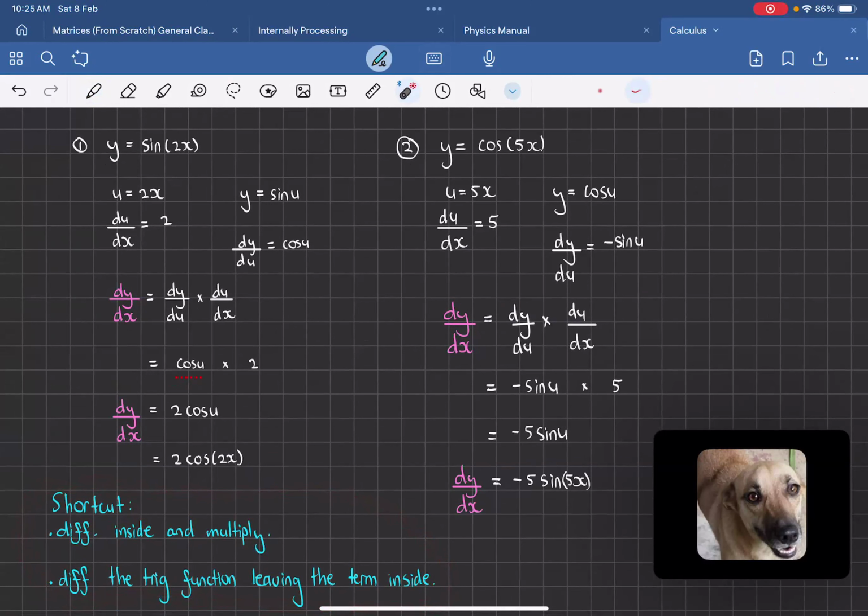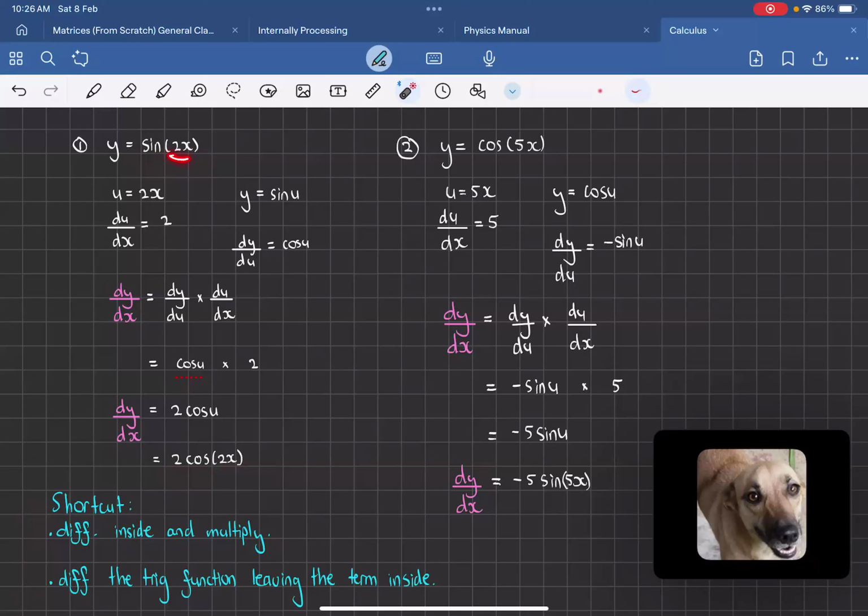Differentiate the inside and multiply. Differentiate the trig function, leaving the term inside. So watch. How do we go from sine 2x to 2 cos 2x? Differentiate the inside.